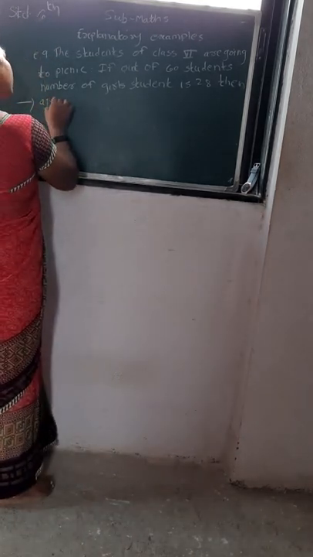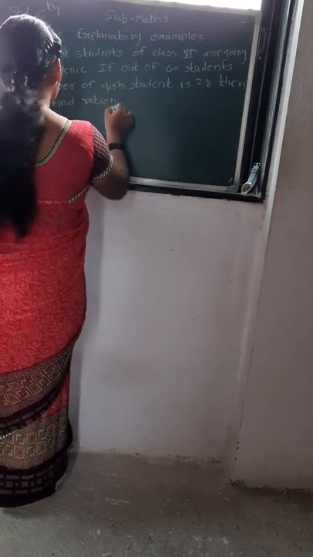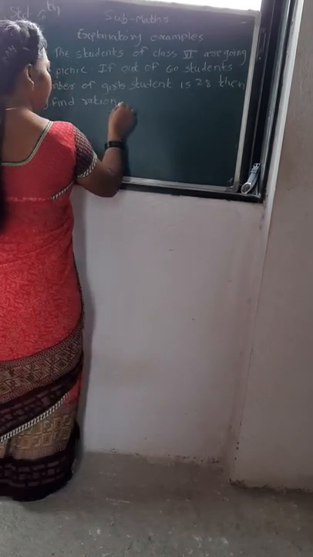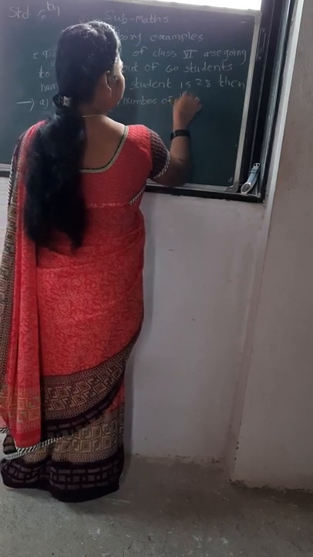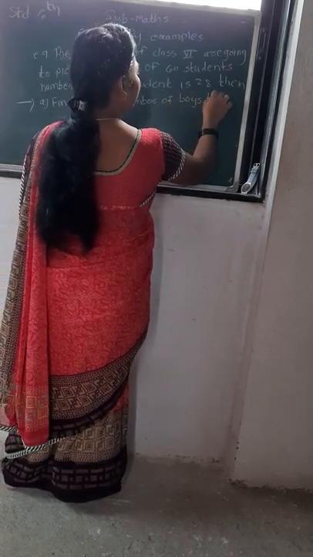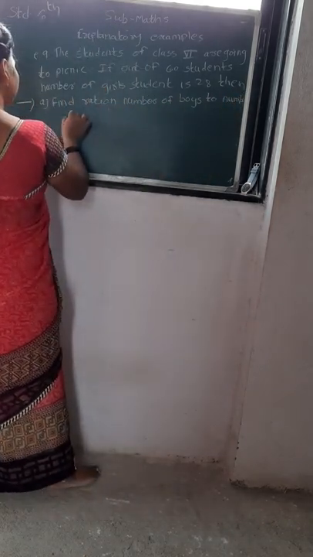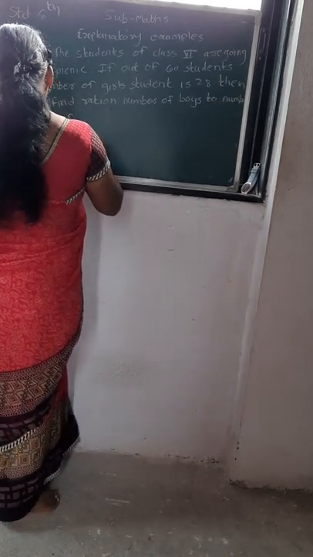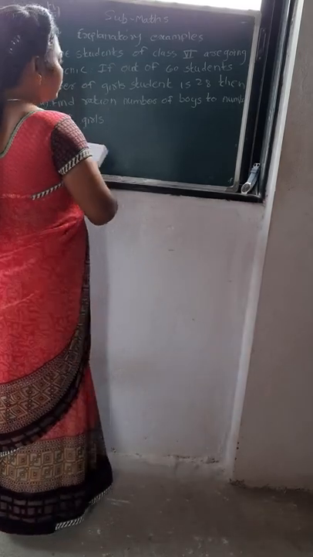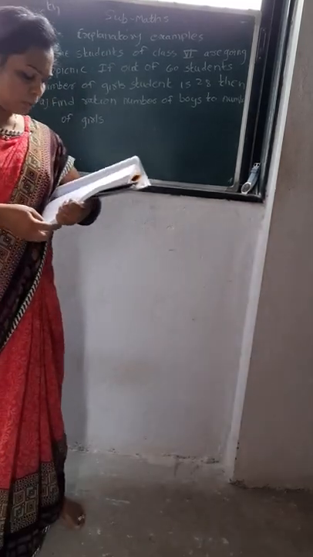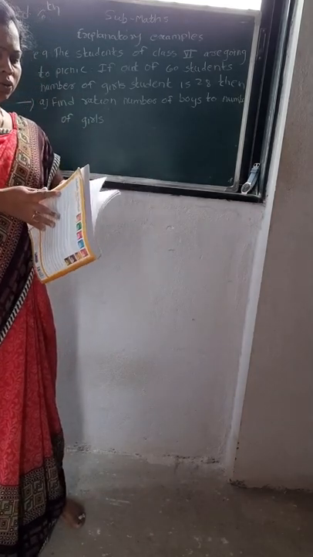First question is find the ratio of number of boys to number of girls. One by one we solve the examples.